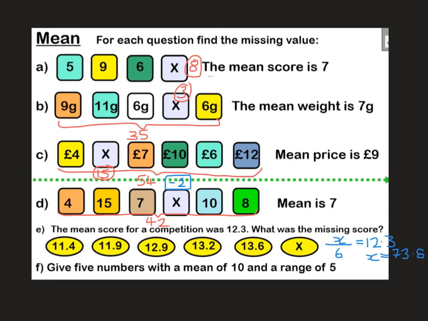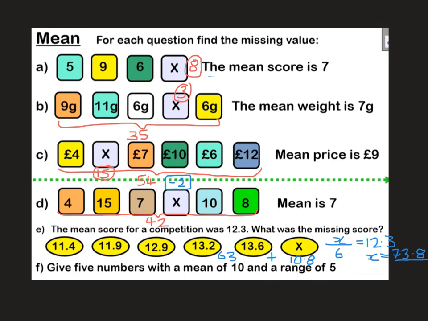So if I add these 5 numbers up, I get 63. And so I need this one to be 10.8 to give me the 73.8 that I need.